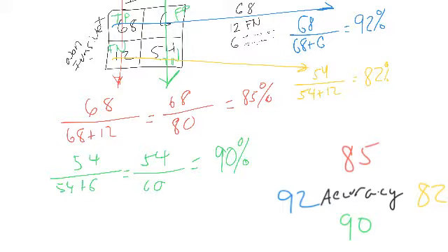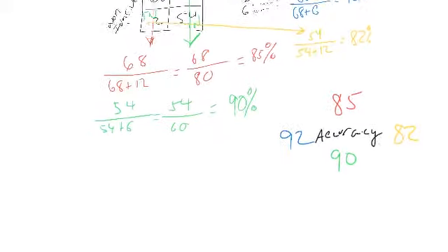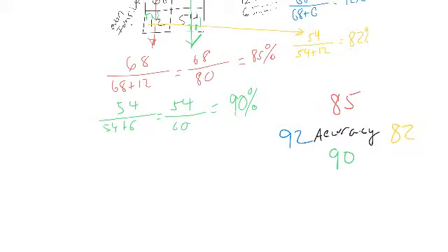All right. Now you do the equation for accuracy to figure out the answer. So now we're going to do accuracy. Accuracy equals true over everything. Our true is 68 plus 54, because we have two trues: true positive and true negative.